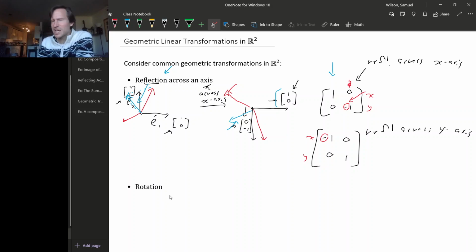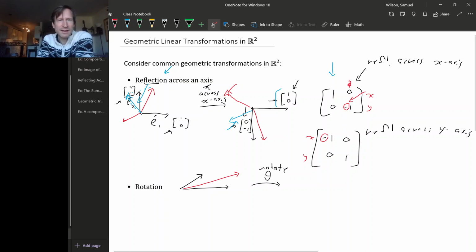All right, another really common geometric operation is rotation. And rotation definitely is a linear transformation. If you have two vectors like this, their sum is going to be something like this. So what happens if you rotate by some amount, let's say by an angle theta? Well, that's going to make it something like this.